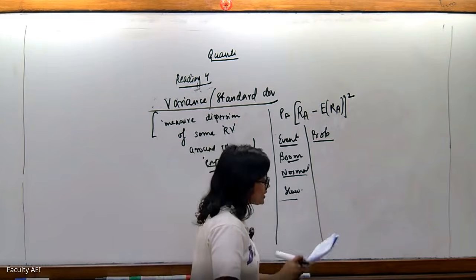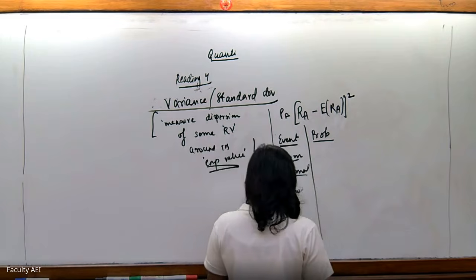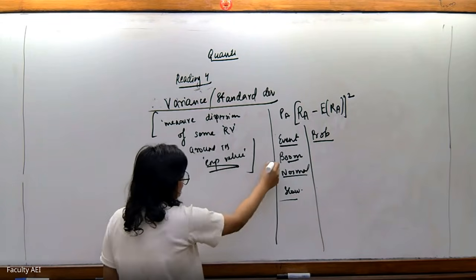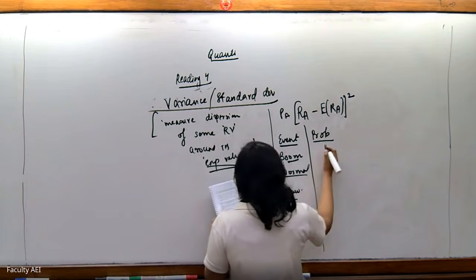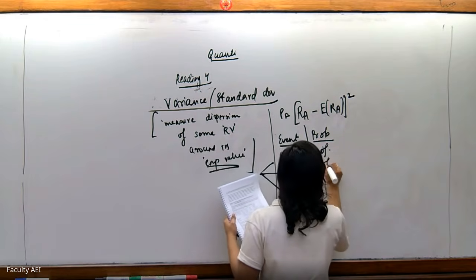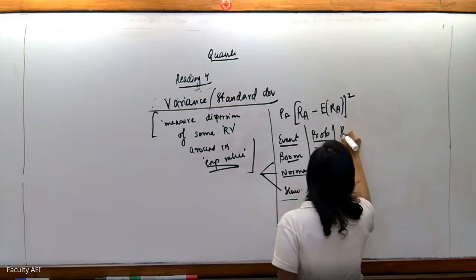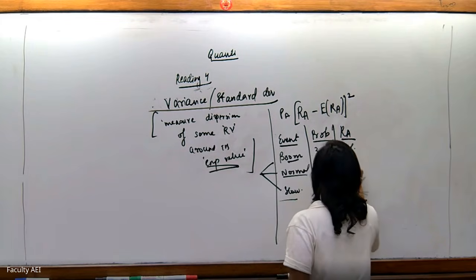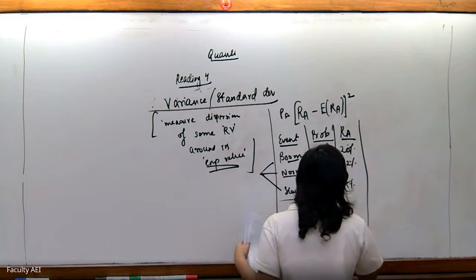I have completed expected value till now, and we are continuing with variance. Let's say your economy can have 3 states: boom, normal, and slow. The probability of your economy being in these 3 states is 30%, 50%, and 20%. What is the return your investment will give in each case? 20%, 12%, 5%. So this is your question.